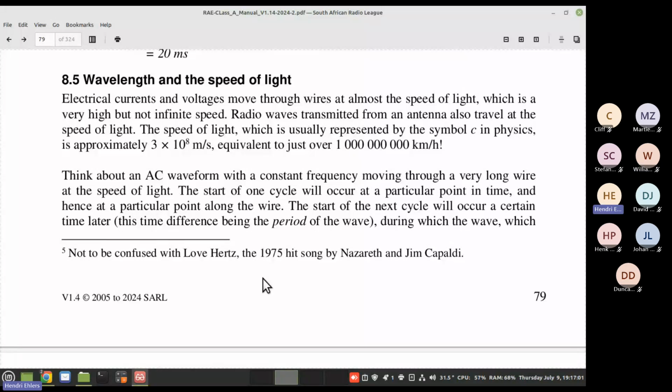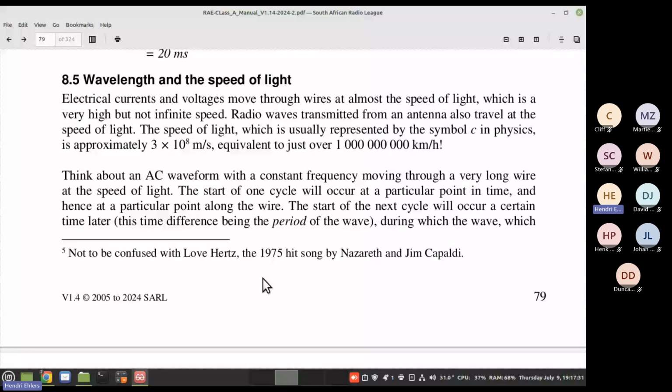Think about an AC waveform with a constant frequency moving through a very long wire at the speed of light. The start of one cycle will occur at a particular point in time, and hence at a particular point along the wire. The start of the next cycle will occur a certain time later.